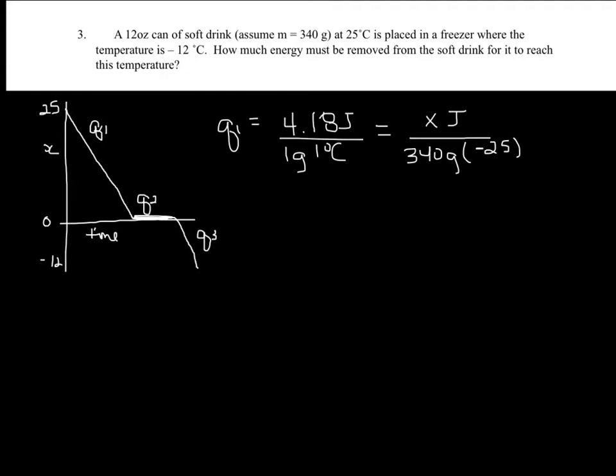When I multiply that out, I get 35,530, and that would be joules. And then if I round to correct sig figs, I should get 36,000.